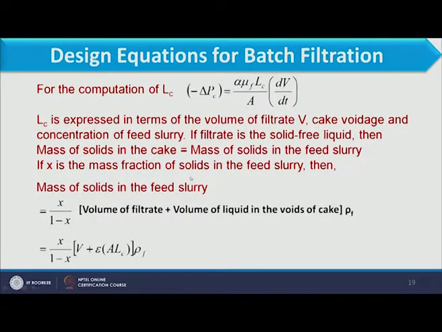If X is the mass fraction of solid in feed slurry, then the mass of the solid in feed slurry can be defined as X by 1 minus X, times the volume of filtrate plus the volume of liquid in the voidage of cake, into rho F. Now how is this expression obtained? When you see the definition of X, what is X? It is the mass fraction of solid in the slurry.